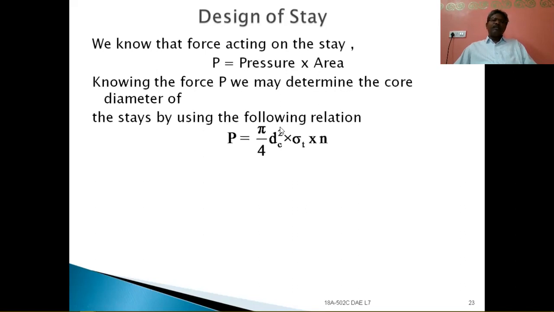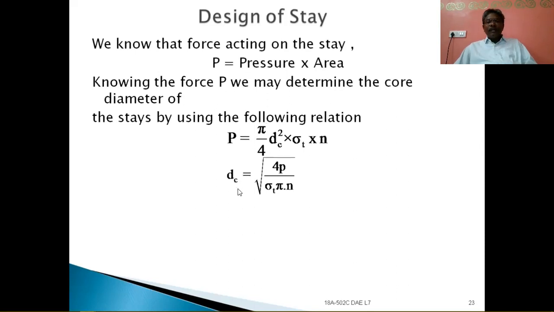See, this will be the relation. P will be the pressure into area, and it is also equal to the area of the stay at the core diameter times sigma T, the permissible tensile stress, and N will be the number of stays.